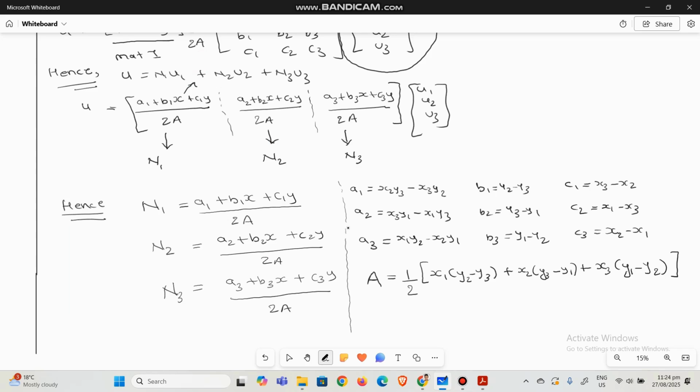And the formula for calculating the area is this one.